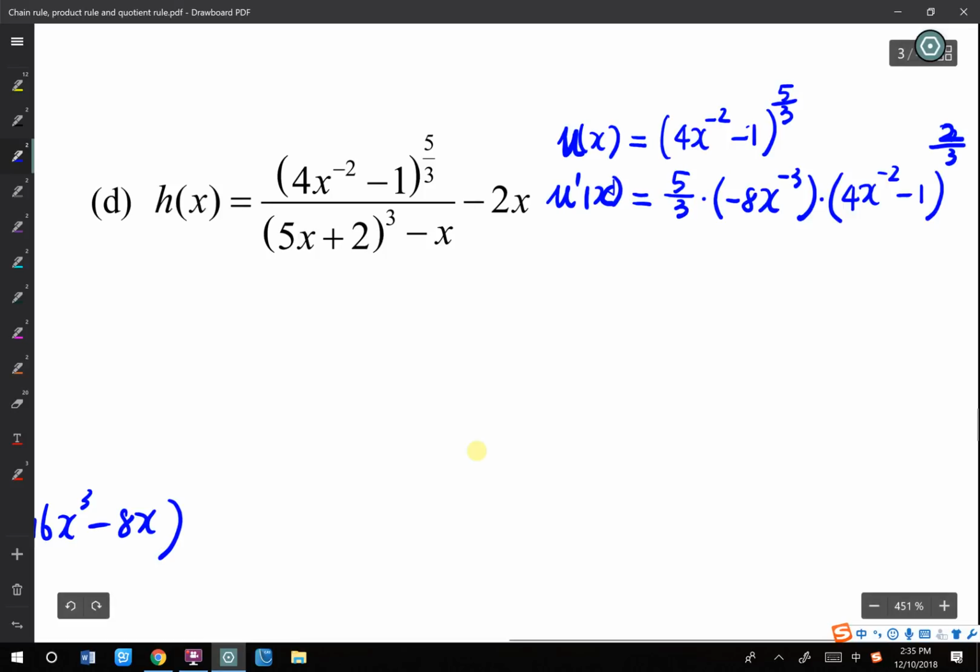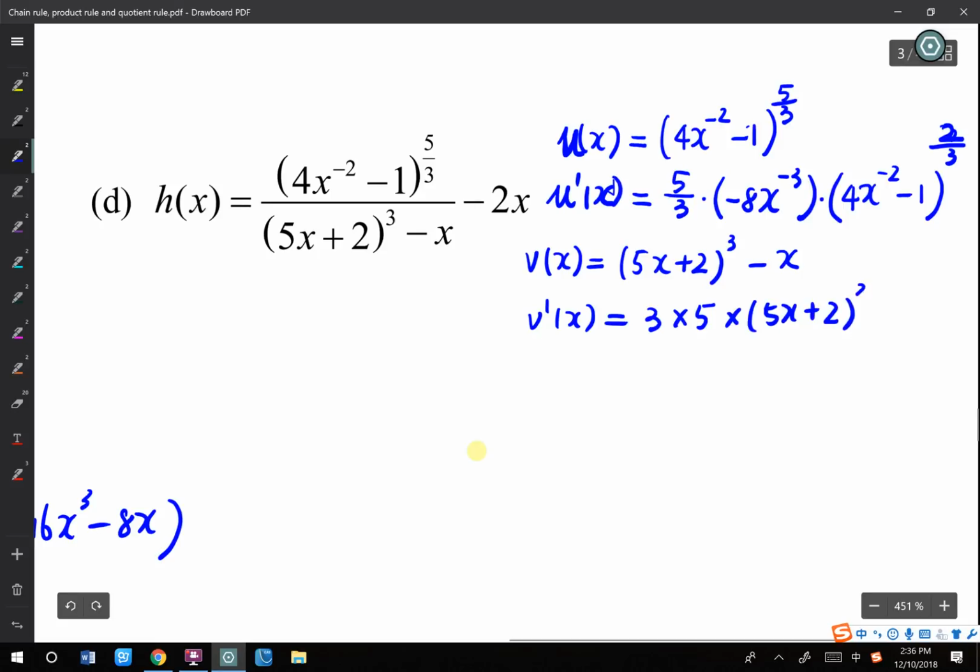And then we have v(x). v(x) is the bottom, so it's (5x plus 2) to the power of 3 minus x. Then v dash x equals 3 times 5 times (5x plus 2) to the power of 2, and then minus 1. That's the denominator.